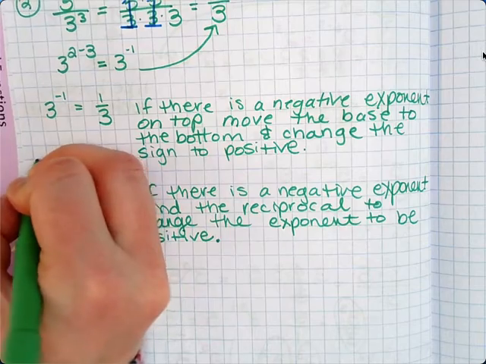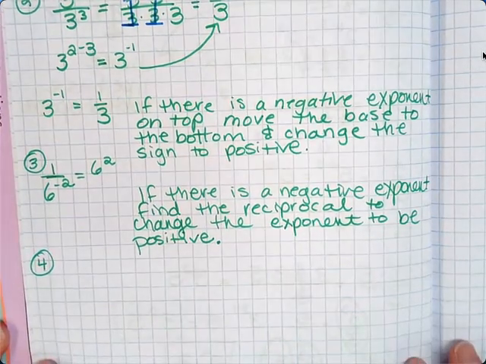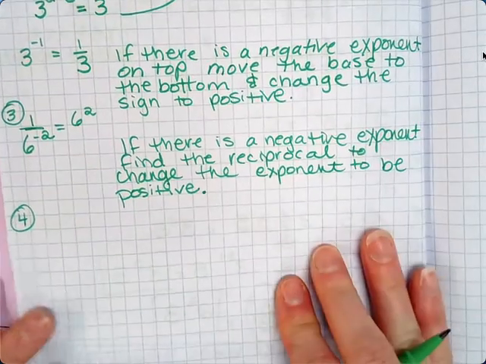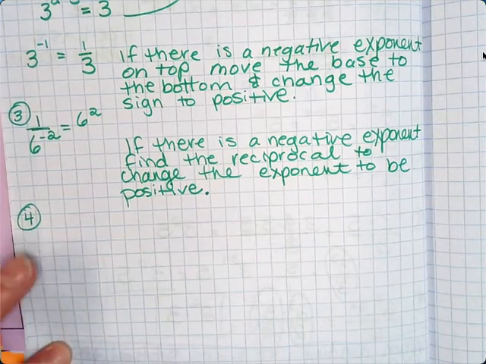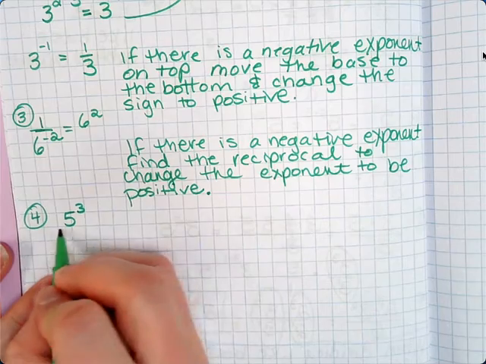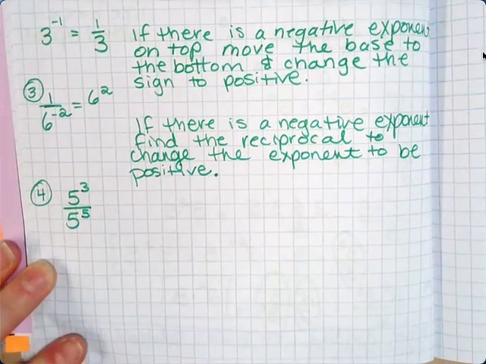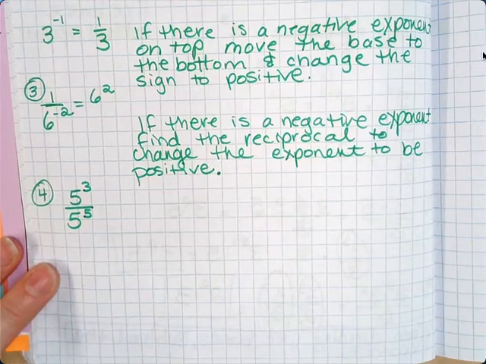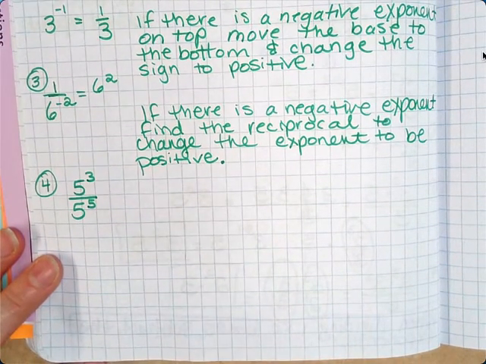So let's call this one number 3. Let's do number 4 now. If there's a negative exponent, find the reciprocal to change the exponent to be positive. Let's do 5 to the 3rd over 5 to the 5th. We already have our rule.